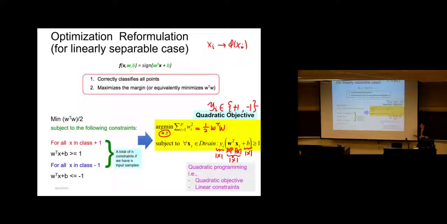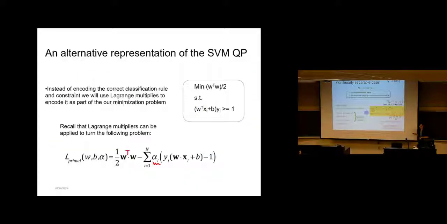For each constraint, I'm using a weight scalar, trying to weight that constraint by adding it into the objective function. So for each constraint, I create a parameter called alpha i, and then multiply by yi times the prediction function.